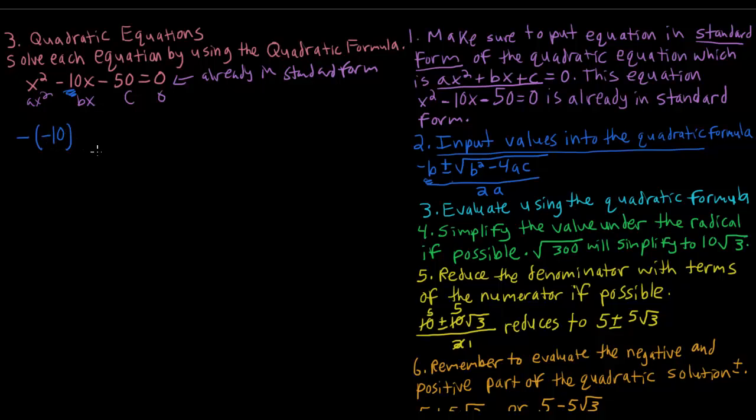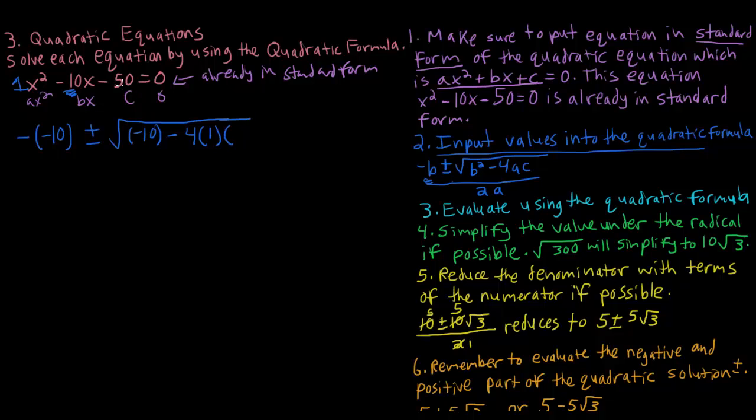And then plus or minus the root of b squared. And b again is negative 10. So put negative 10 in parentheses. Minus 4a. Our a value is x, and x by itself really means we have a coefficient of 1. So our a value is going to be 1 and then times c.